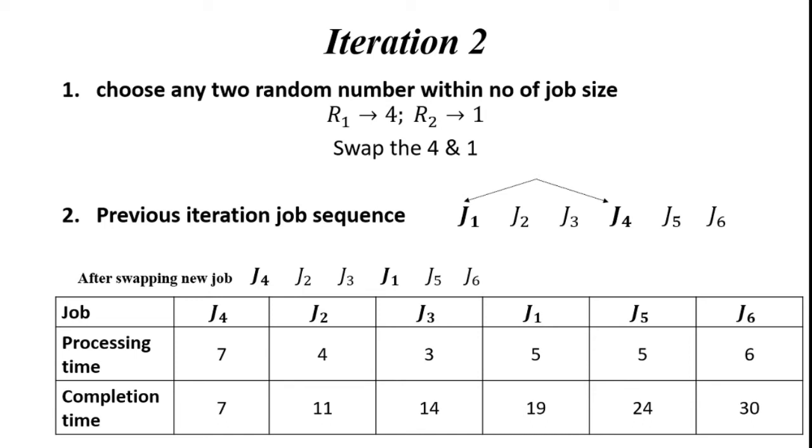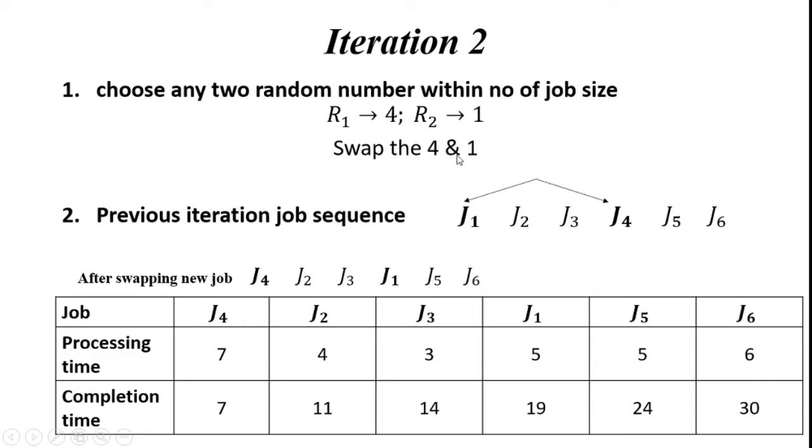For conducting iteration 2, choose any two random numbers within the number of jobs. According to this problem, I considered 6 jobs, so I generate random numbers within 6. The random number R1 is equal to 4 and R2 is equal to 1, which do not exceed 6.